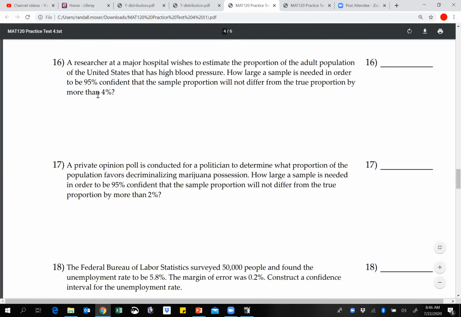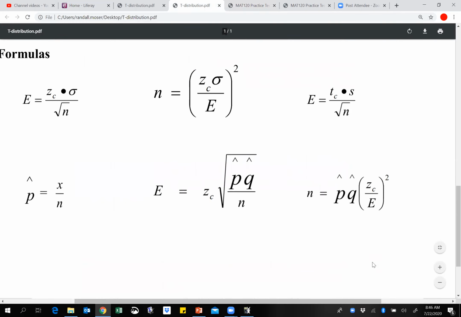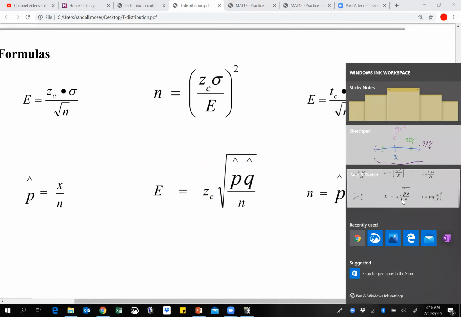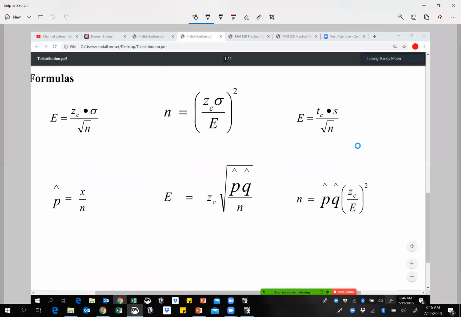Yeah, so actually it was this here. Number 16. One of the things that we notice is they don't actually give us the P hat or the Q hat value. So something you have to remember from the notes is 0.5, for the minimal sample size for a proportion.